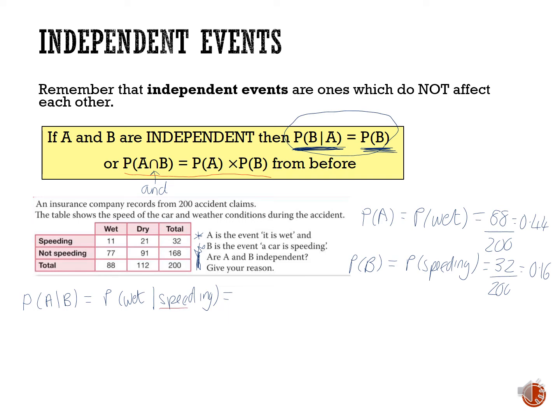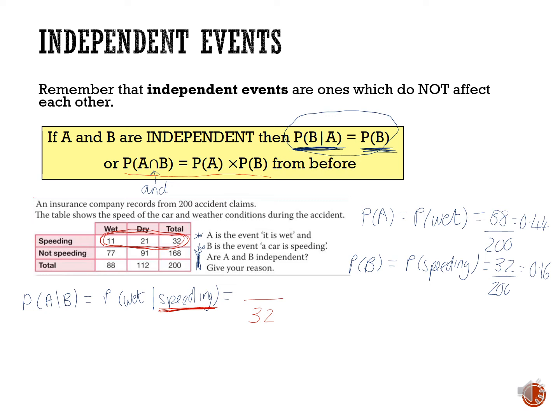If you have conditional probability, if you have a given that, so given that speeding, you are focusing your attention on the table only within the speeding parts there. So all of the numbers that we use for our probability are just going to be from that section. Okay, so probability always how many out of how many. So we're only interested in the speeding ones because that's the given that. So total for speeding is 32.